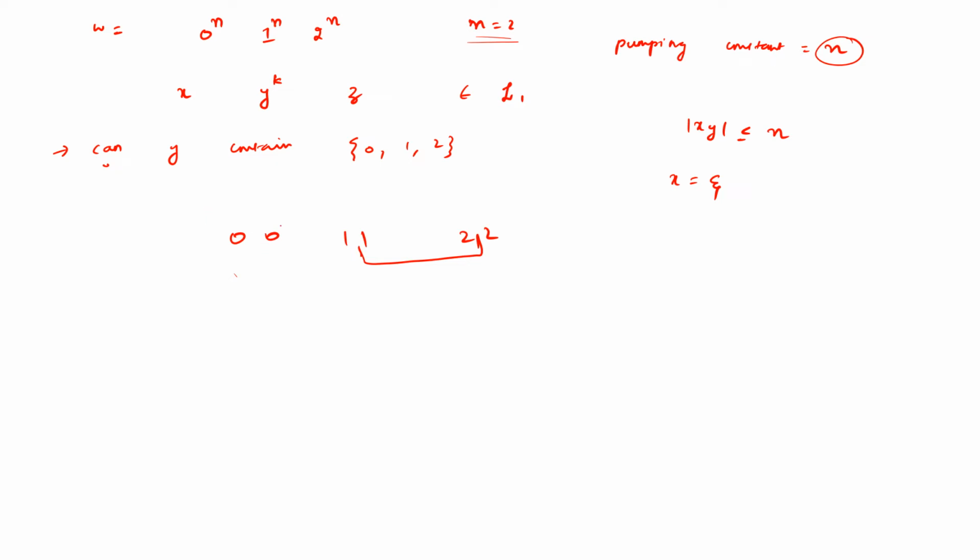For all the symbols 0, 1 and 2 to be part of the substring y, you should at least consider 0, 1, 1, 2. But you cannot do this because the length of y will become 4, which is much greater than 2.